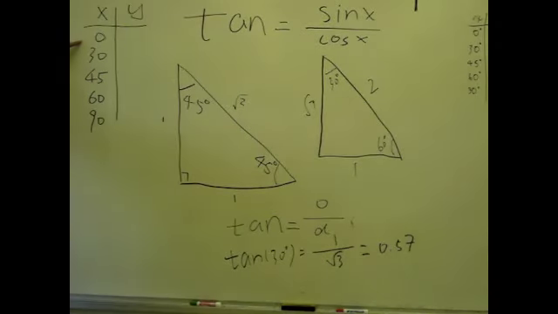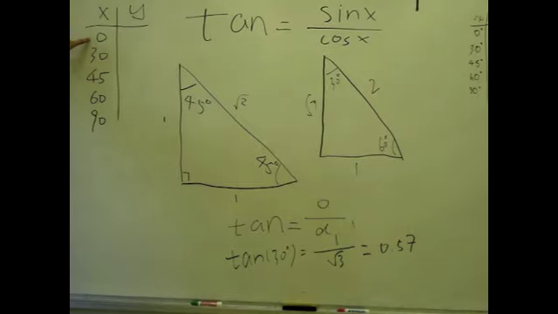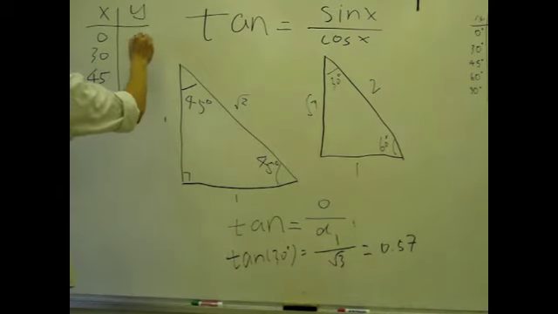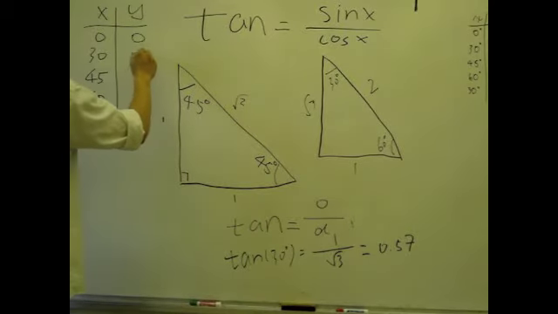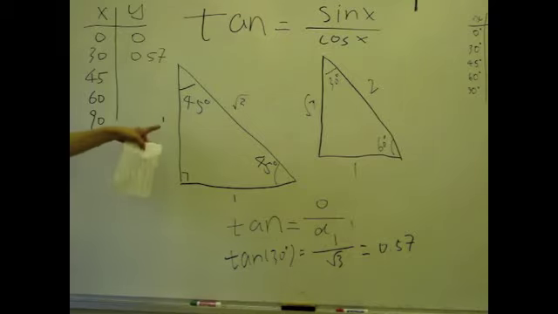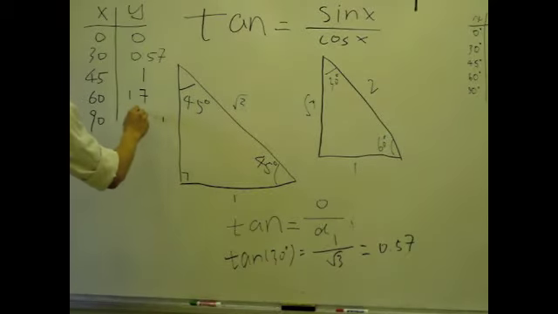As we know, if the divisor is 0, the result is undefined. So the 30 degree, we get 0.57. And 45 degree, which is 1 over 1, is 1. And then 90 degree we cannot find, so we put it in as NA.